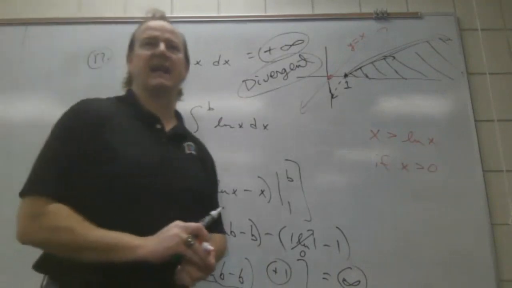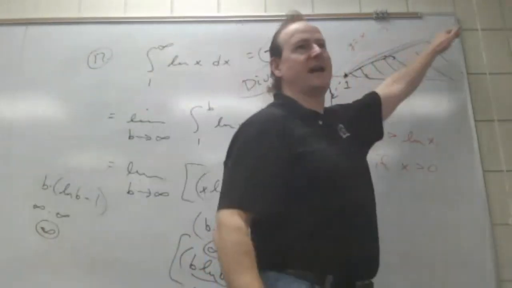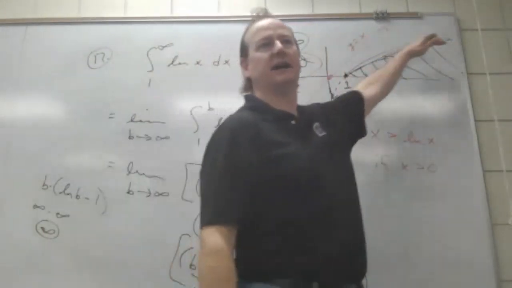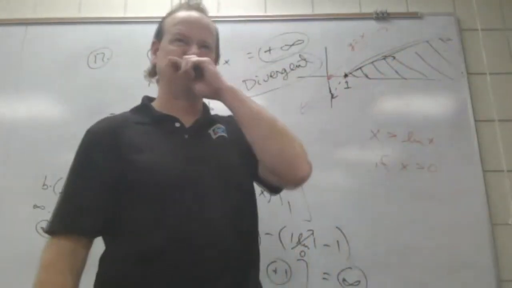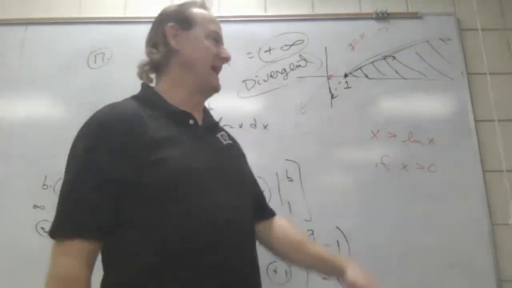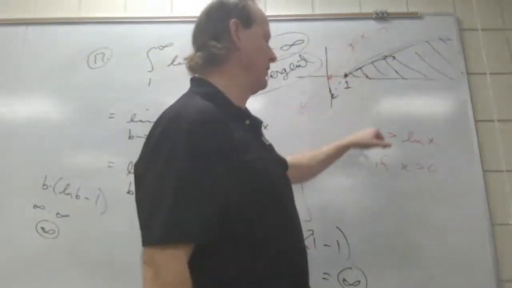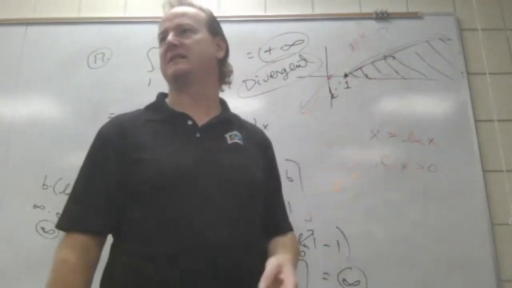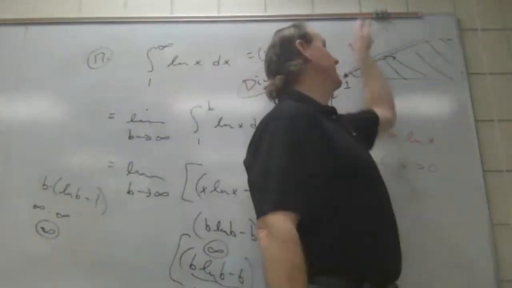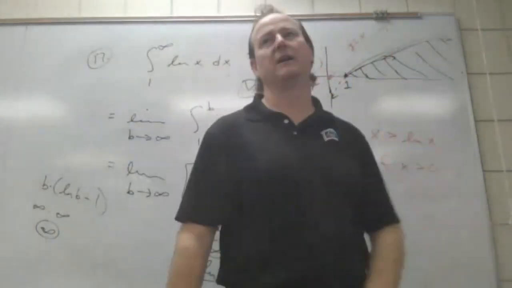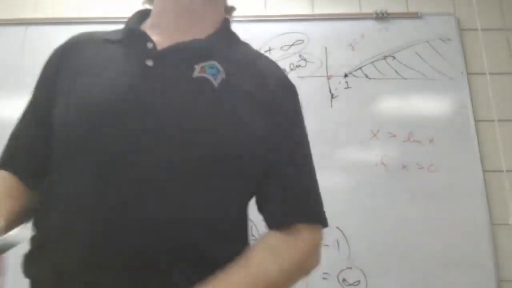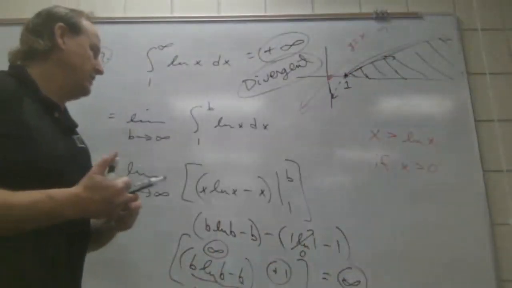So the natural log is kind of like an anchor on a ship. It's a drag on it. It slows it down on how high it goes, right? But x to any power bigger than 1, like x squared, x cubed, x to the 10th, those are going to explode up too. Those are also going to be bigger, right? So that's just true in general.